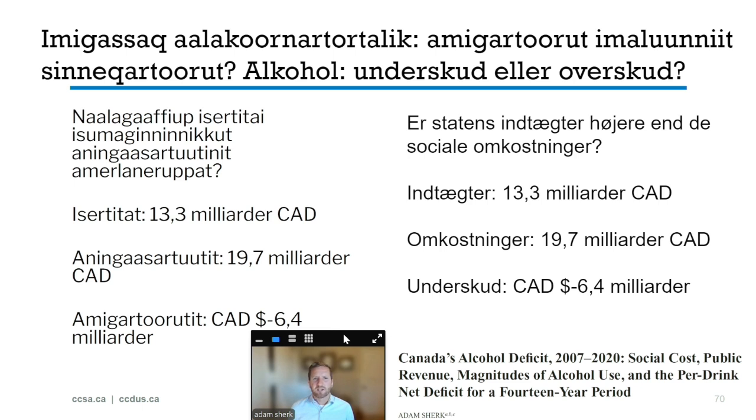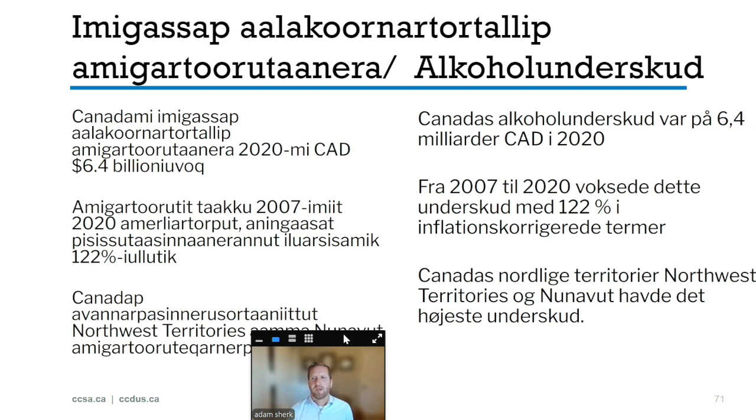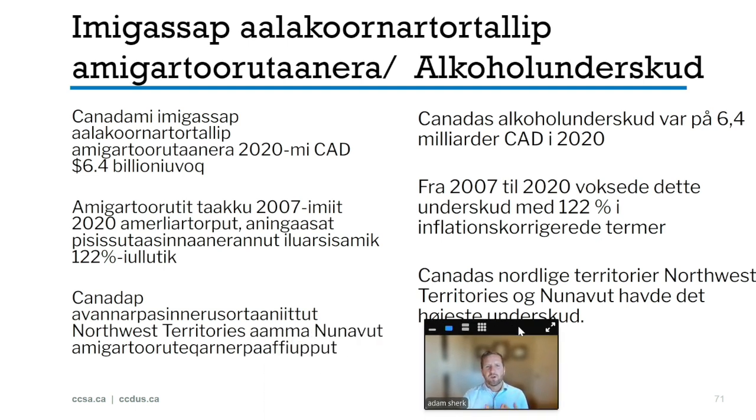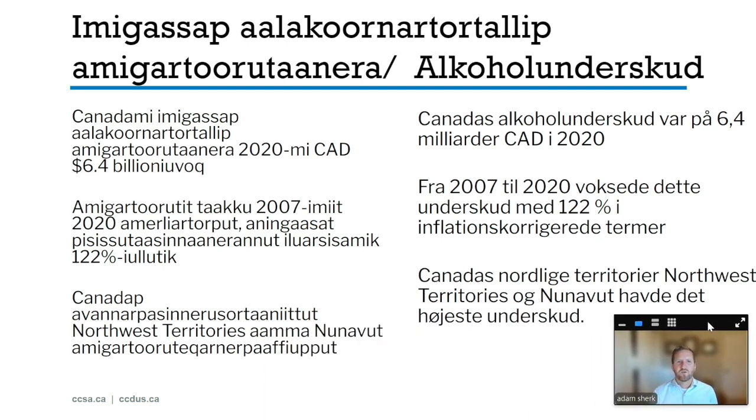If we could go to the next slide. So a comparison of the revenue and cost shows that Canada is in deficit from alcohol by about $6.4 billion Canadian dollars. And then another, let's call it a troubling aspect of this, is that across that time period that I studied in the scientific article, this deficit was growing quite substantially.